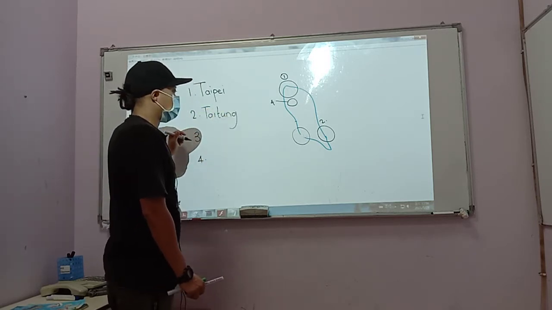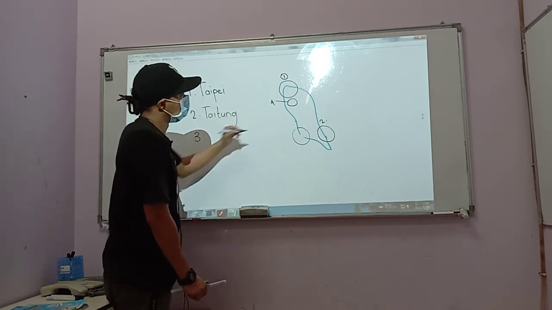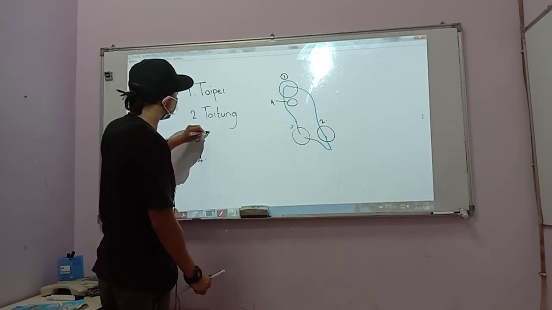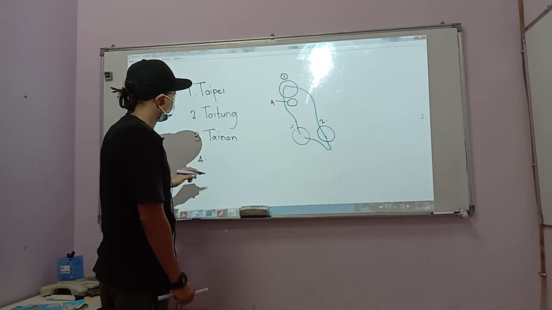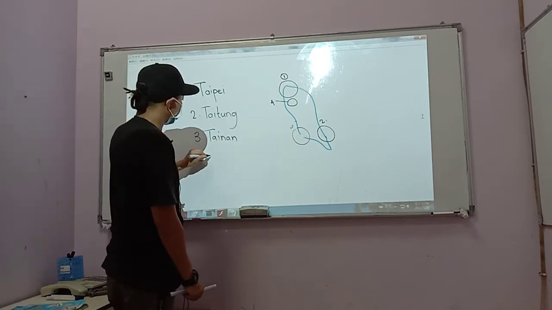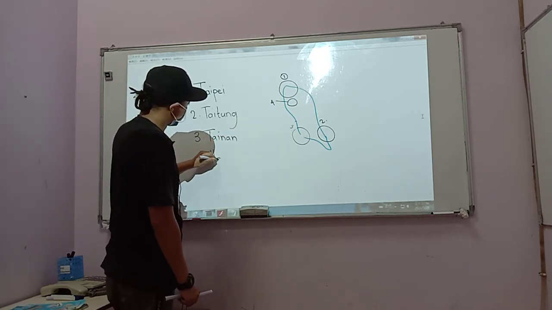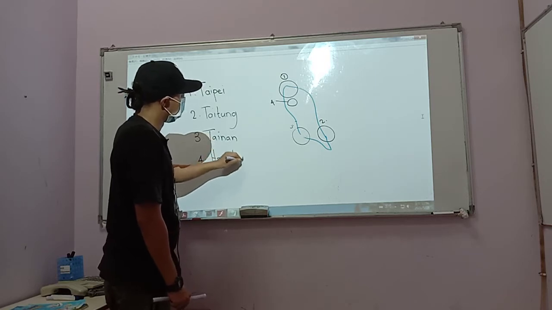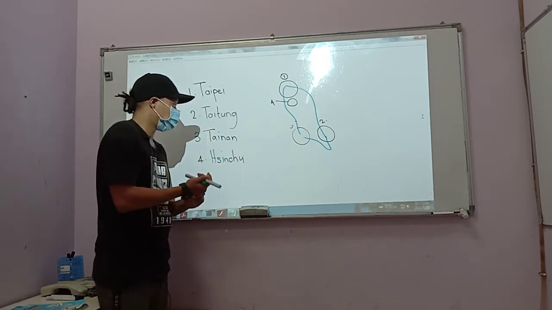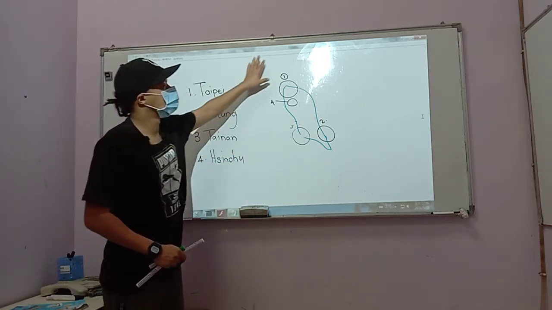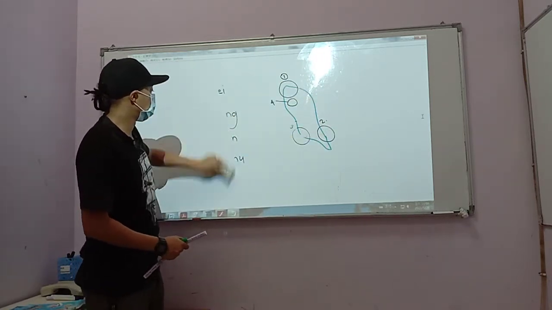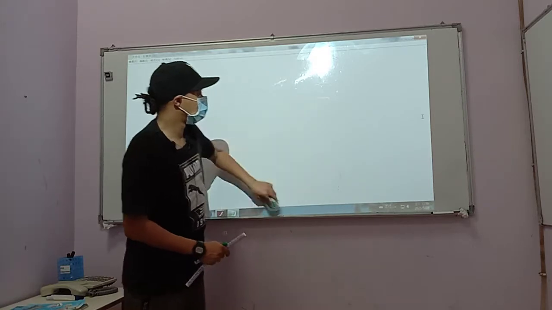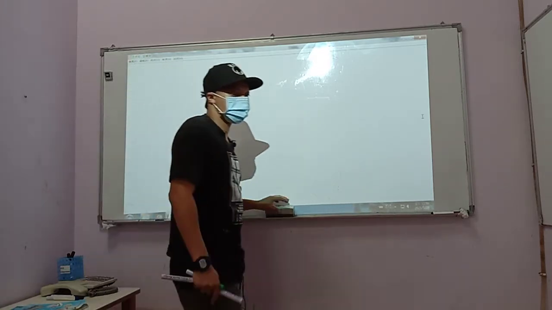Okay, and number 3 is a trip to Tainan. And number 4 would be a trip to Hsinchu. So I hope you guys could guess some of these places, and now we're going to talk about the trip in our books. So let's open our books again, please.